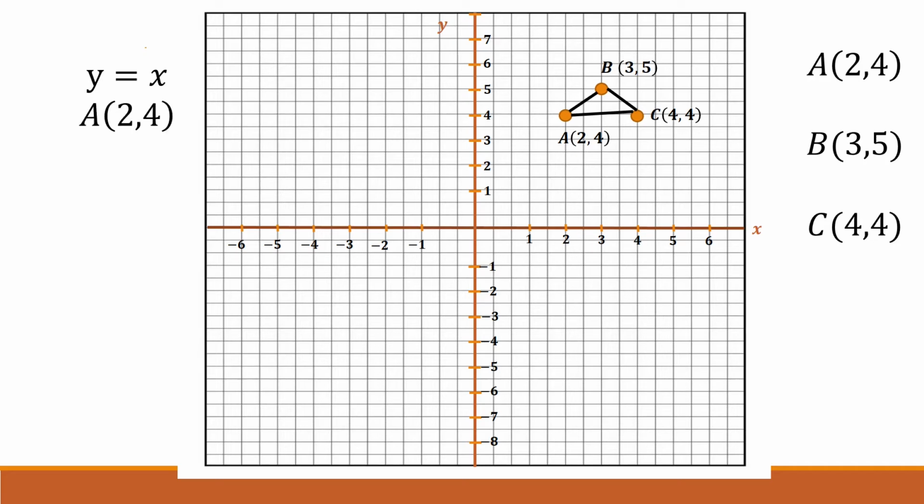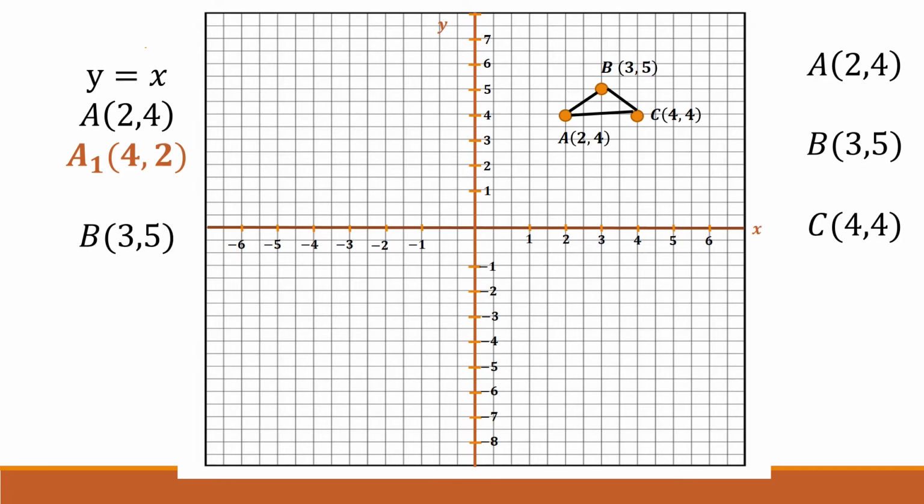And so when we pick the first point, which is point A, (2, 4), what will be its image point? Remember we said if you are reflecting in the line y equals x, the image point becomes the reverse of the object point. And so the image point becomes A1, which is (4, 2).